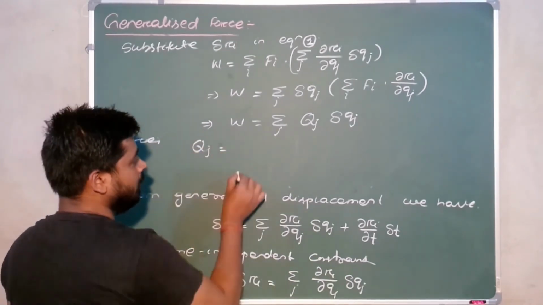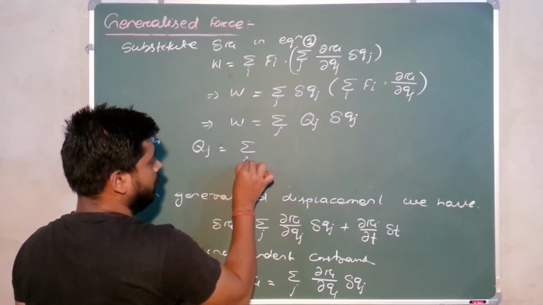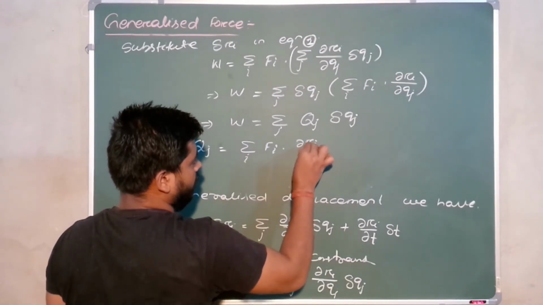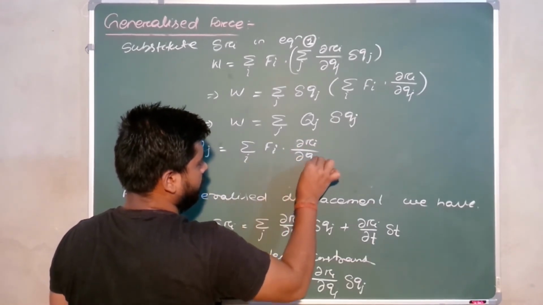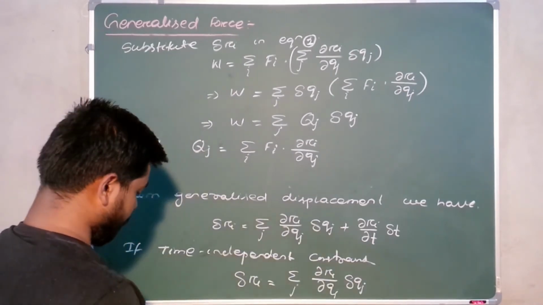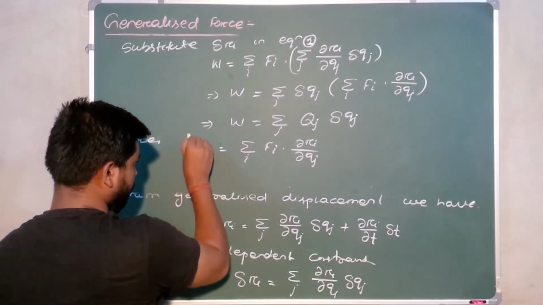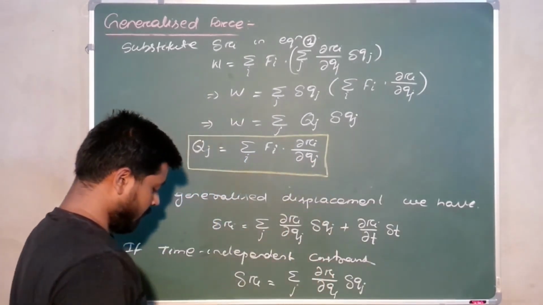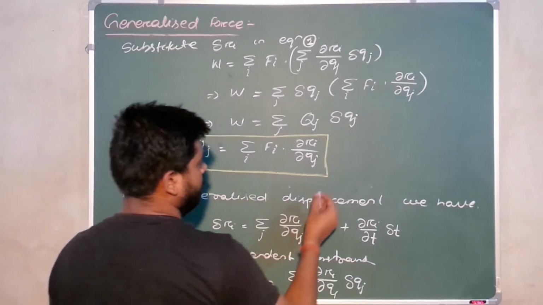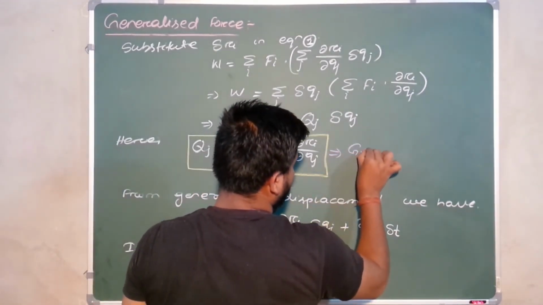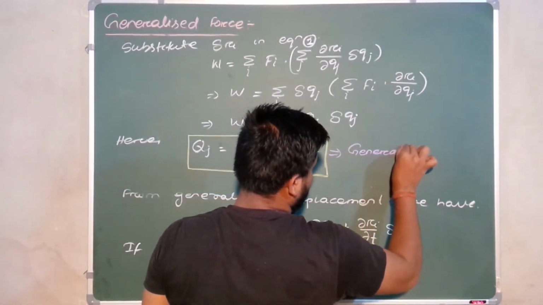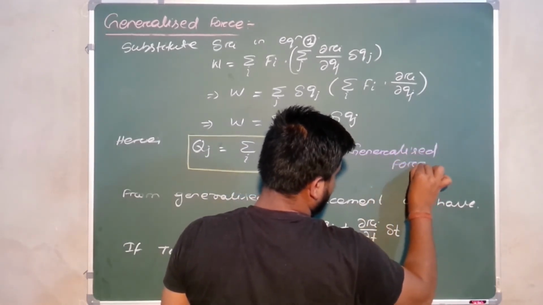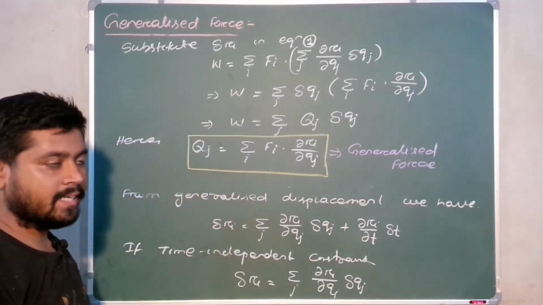Capital Qj equals sum over i Fi dou Ri by dou Qj. What is this? This is our generalized force. Yes or no? This is our generalized force.